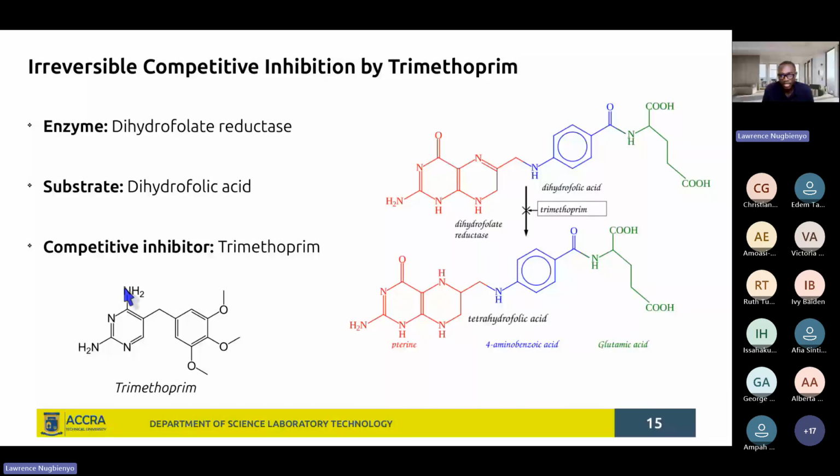And there's even a CH2 between the two rings, but it also acts like a structural analog of this dihydrofolic acid and acts as an inhibitor to dihydrofolate reductase. So in that case, trimethoprim is used also as an antibiotic.